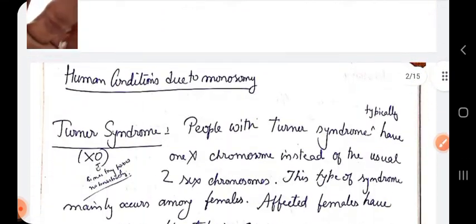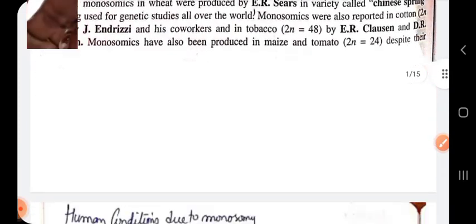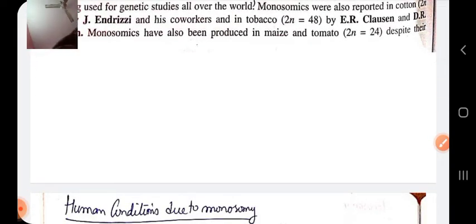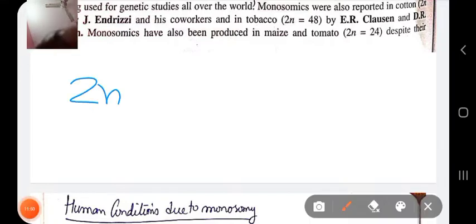Similarly, there are also double monosomics and triple monosomics. Double monosomics means two chromosomes are lost, that is 2n minus 1 minus 1, the loss of one chromosome and the loss of another, non-homologous chromosome. So if one chromosome each from two different chromosomal pairs is lost in an individual, this is known as double monosomics.